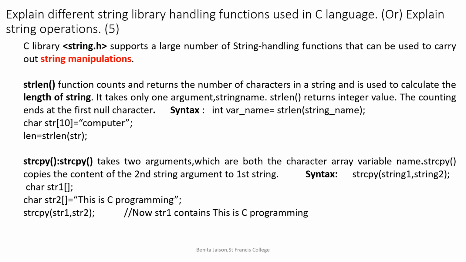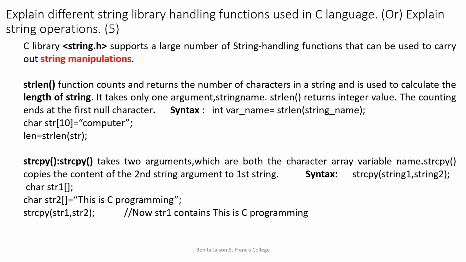Here in this example, we have initialized a character array of size 10 with the string "computer". Even though the size of the array is 10, the number of characters present in the string "computer" is 8, so it will return 8 as the length of the string.